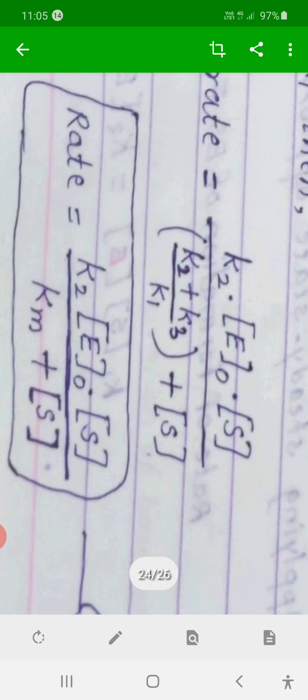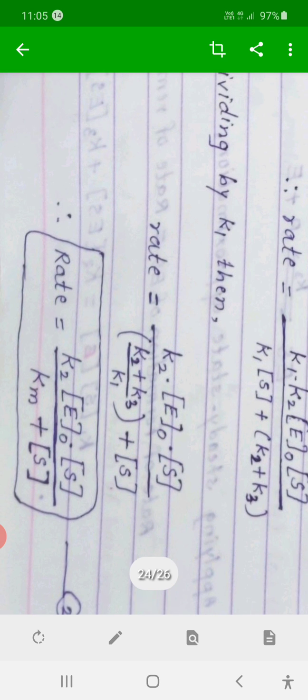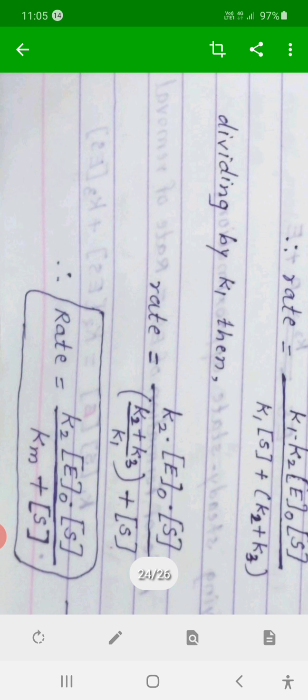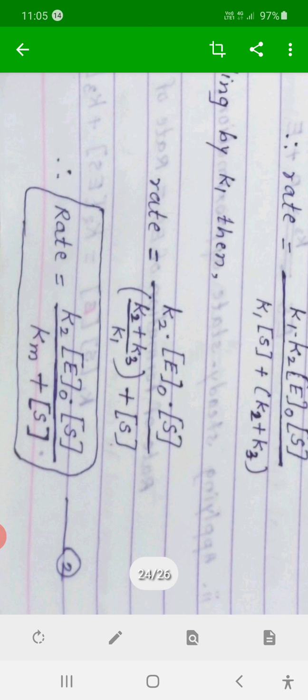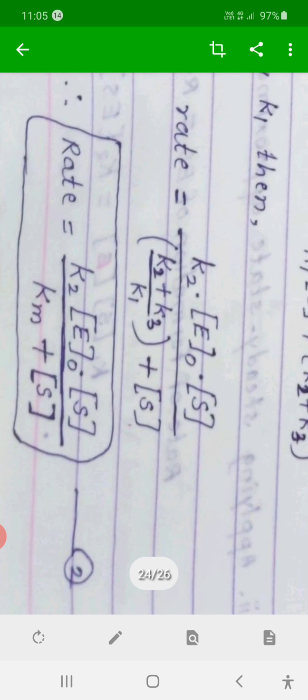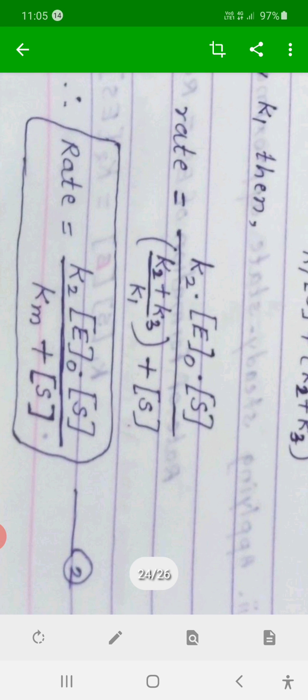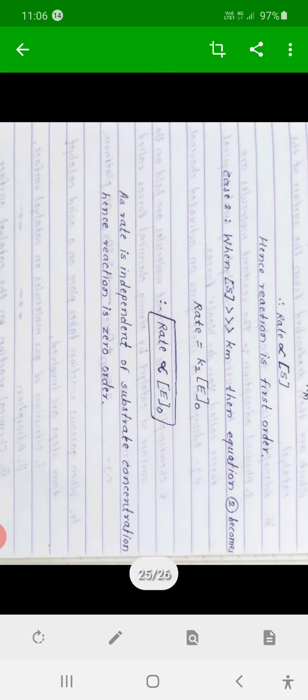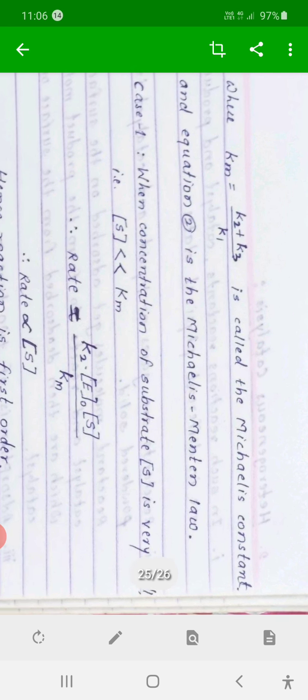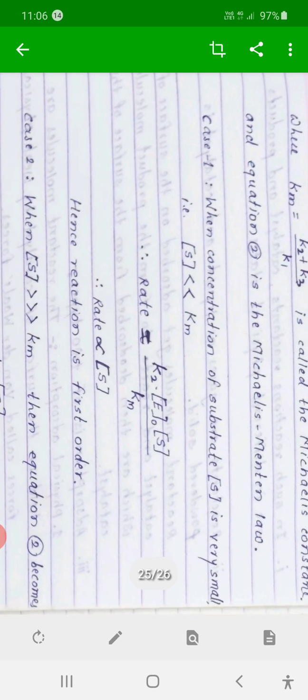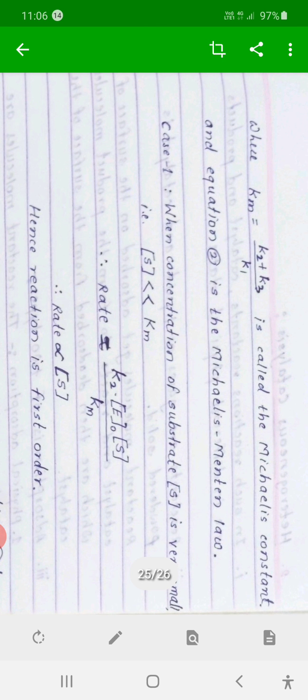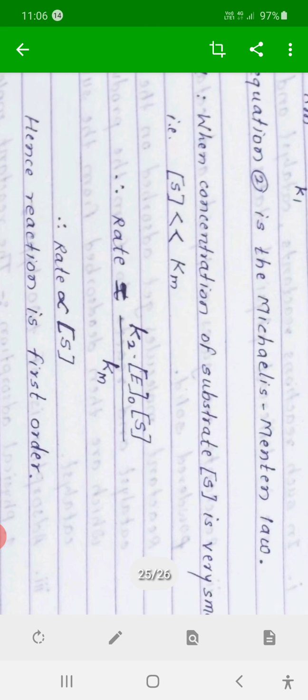Then by rearranging and dividing by k1, we get the final rate equation, that is k2 into E0 into the concentration of S upon Km plus S. Then there are two cases.